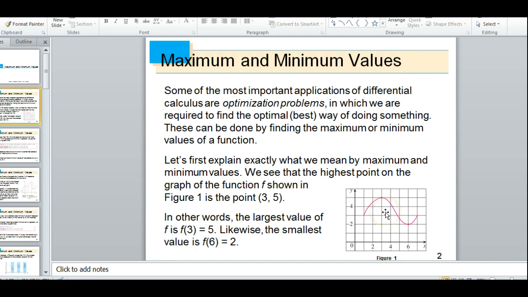And what is the maximum value? Your answer would be it is 5. Or you may say f of 3. But since you know that f of 3 is 5, then you will say 5. But if you didn't have any values in here, then you will say it happens at x equals 3, and how much it is, whatever f of 3 is.